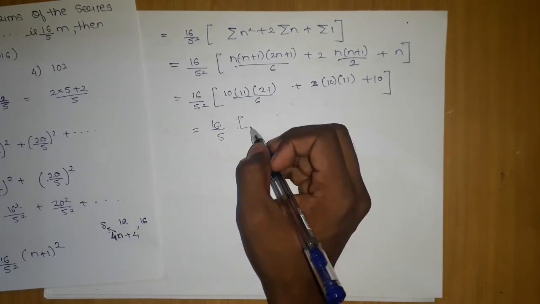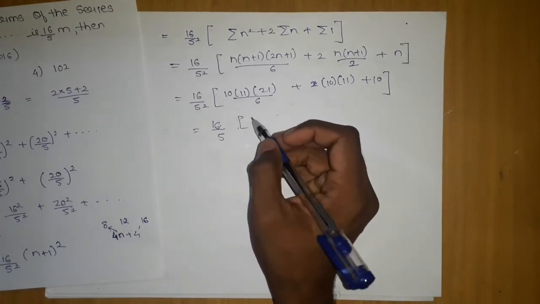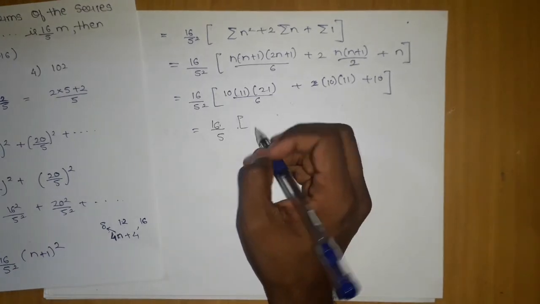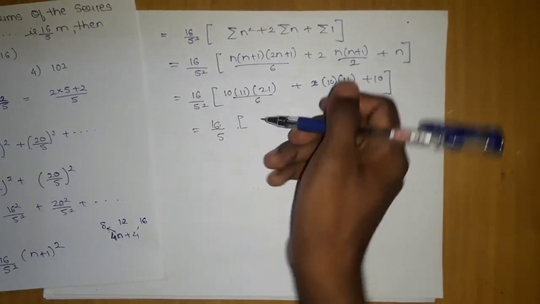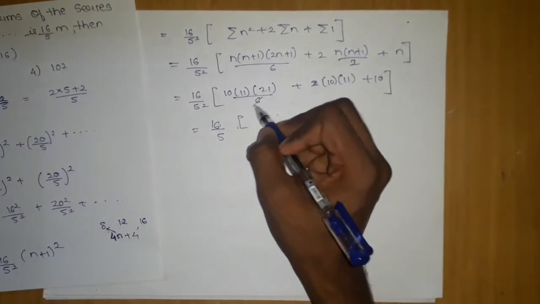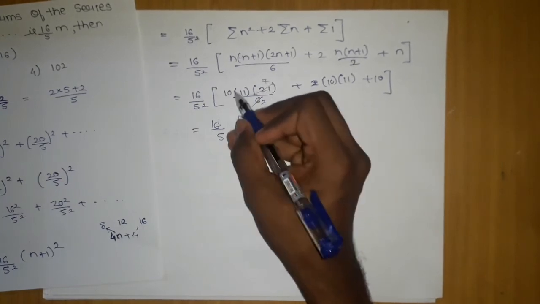Okay, if we simplify inside, if I move the 5 inside, I will be left with, listen, here it will be 5, here it will be 2, this will be 2, this will be 7, this will be 2.